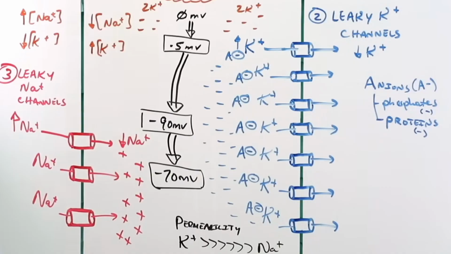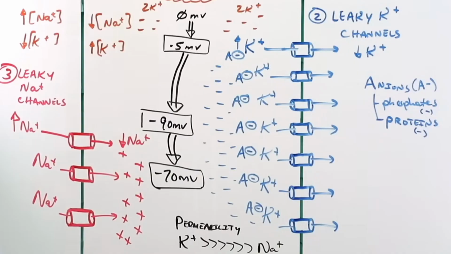Even though it's not a lot, there is still a decent amount of sodium leaking in, and sodium ions are positive cations. They leak into the cell, and they stop when the cell reaches negative 70 millivolts. At negative 70 millivolts, you have no net movement of potassium cations and no net movement of sodium ions, and the cell reaches its resting membrane potential.